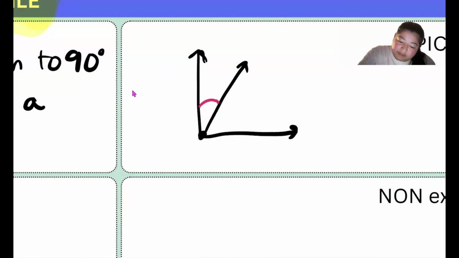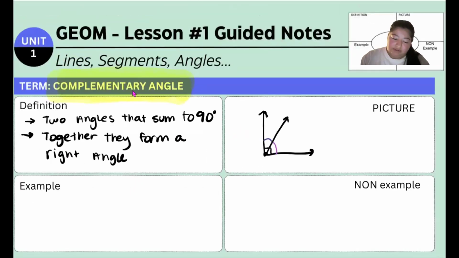There we go. Now, if I'm telling you that this blue one and this purple one are two different angles, but we push them together and together they form 90 degrees, that is what we call complementary angles. Okay, so again, two that form 90.